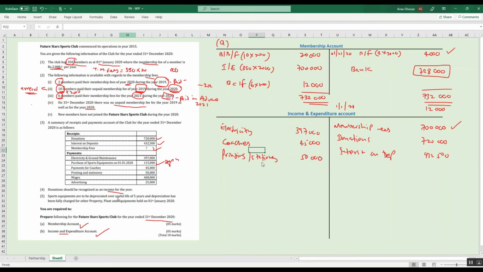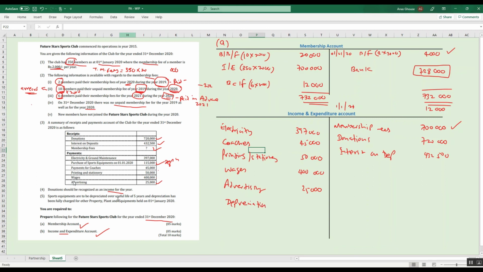Then wages 400,000, and finally advertising 25,000.